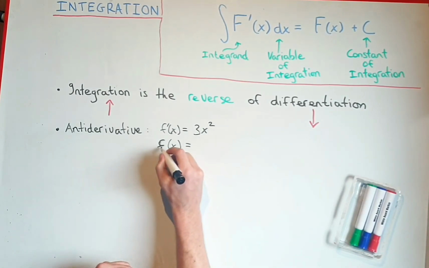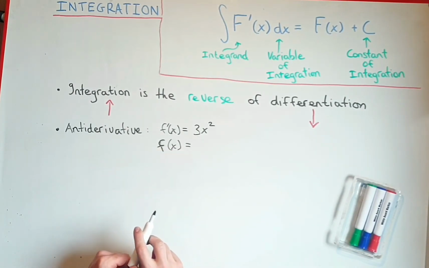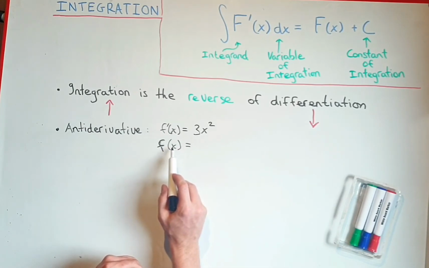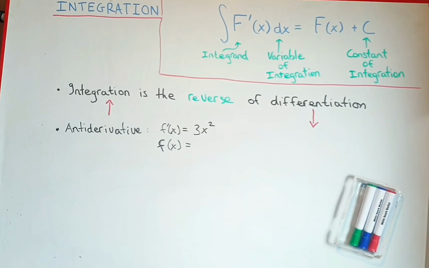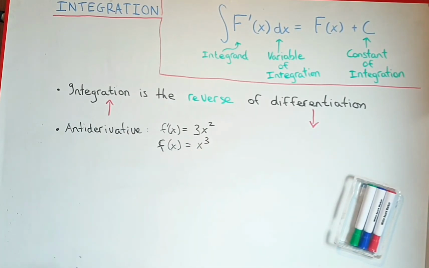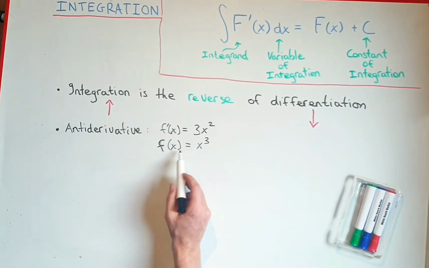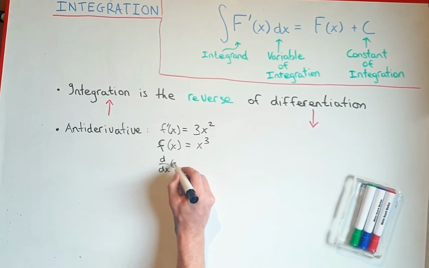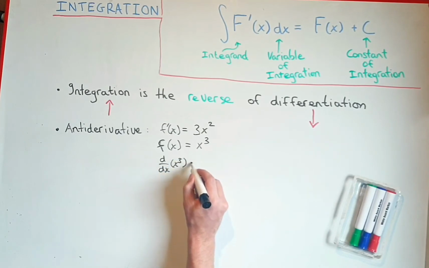What you would probably tell me is that the initial function f of x is equal to x to the power of 3. So why would you say that? Well, if you differentiate f of x, so if we differentiate x to the 3, what do we get?